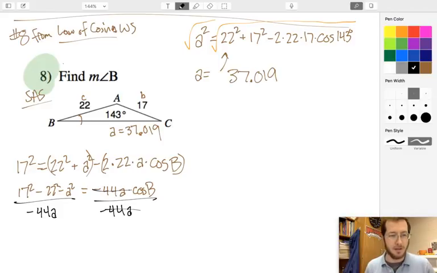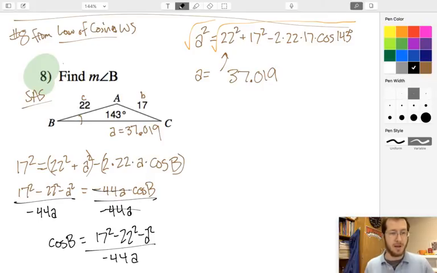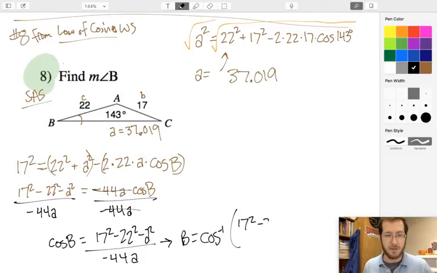Okay, that's going to give us cosine of B is 17 squared minus 22 squared minus A squared, all over negative 44A. Okay, so then angle B equals inverse cosine of 17 squared minus 22 squared minus A squared over negative 44A.